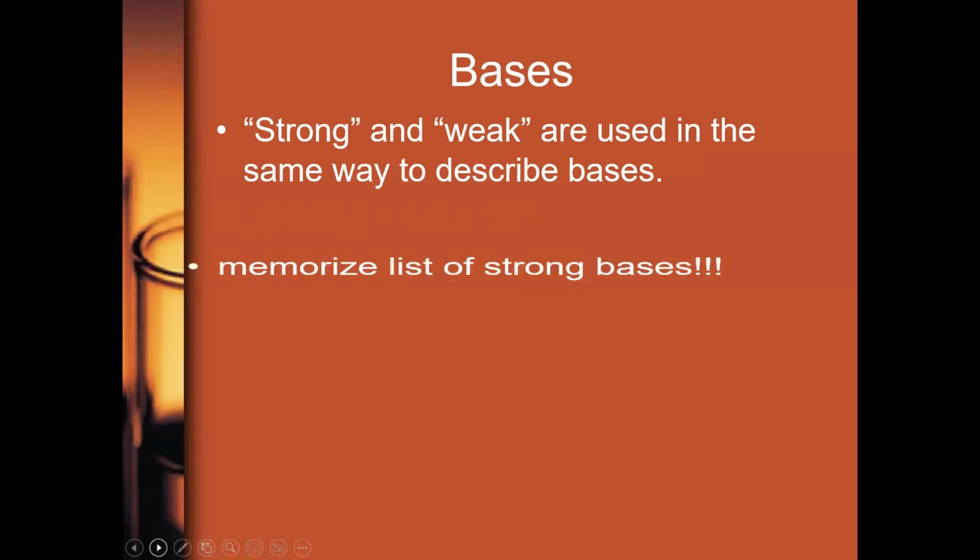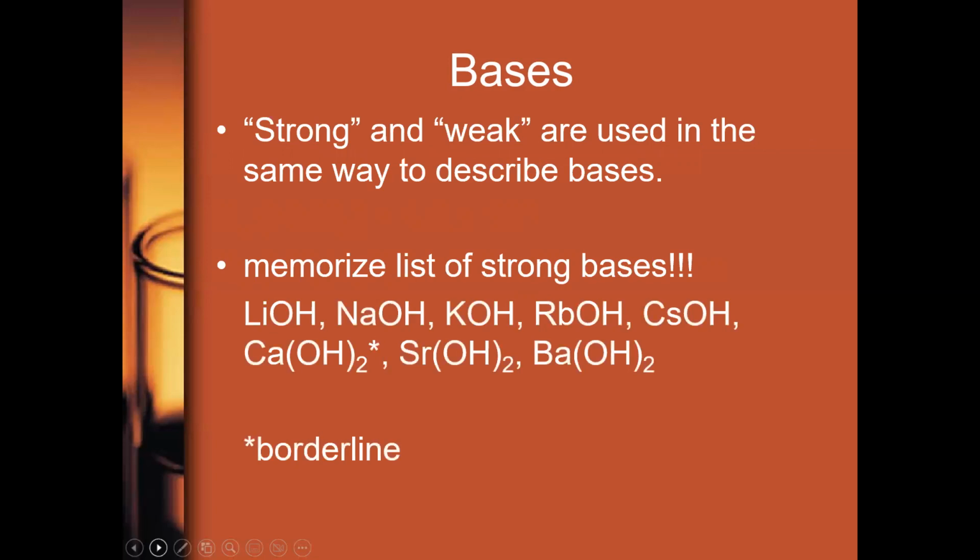And yet again, go back to your memorization list for your strong bases. The calcium hydroxide that is marked as borderline acts strong at low concentrations, but at higher concentrations, it does not ionize completely. You should not have one of those that you have to deal with.